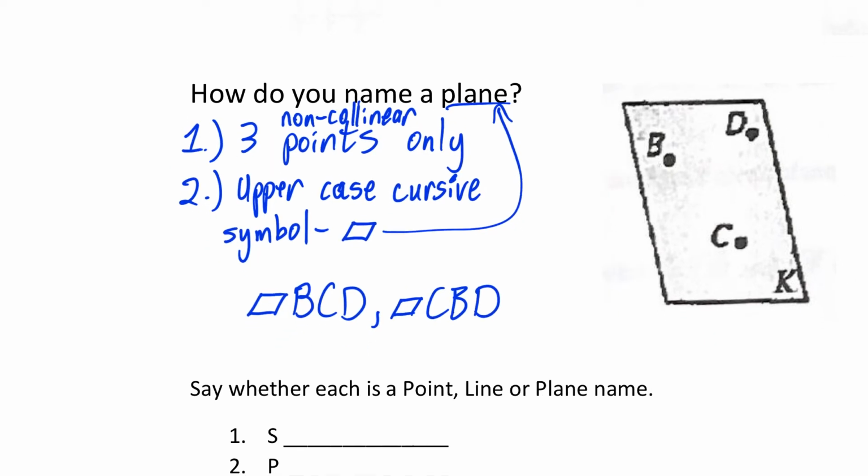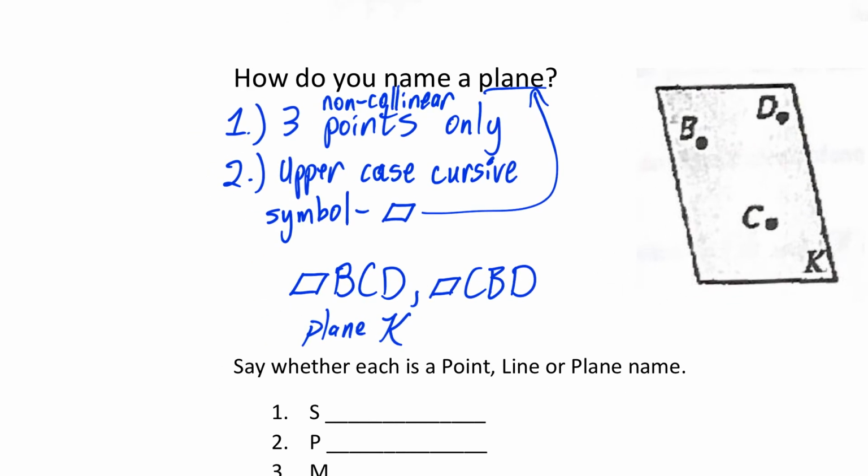And the other way is if there's an uppercase cursive letter, which there is in this case, that uppercase cursive K. So this could be called plane K. Sorry, that's pretty trash. Okay, so we're naming it that way, and naming it that way.